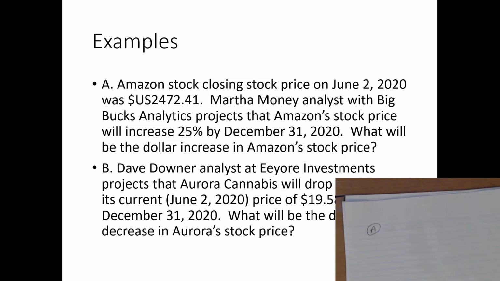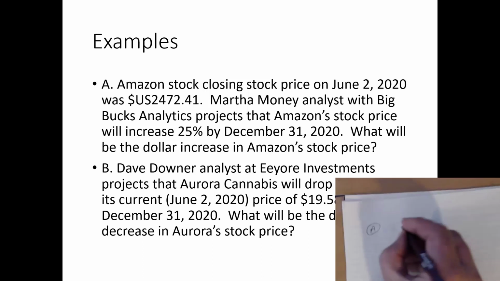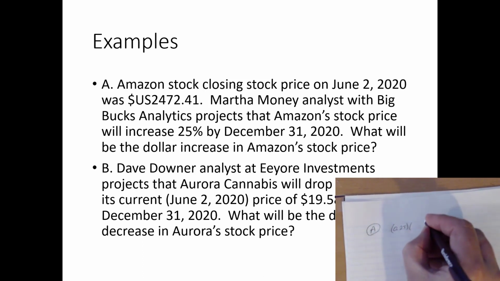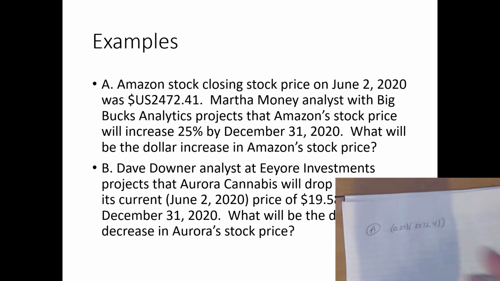Dollar increase, right? Well, it increases at the rate of 25%. 25% based on what? Well, 25% based on the original stock price. So 0.25 times 2472.41. And what do we end up with? $618.10.